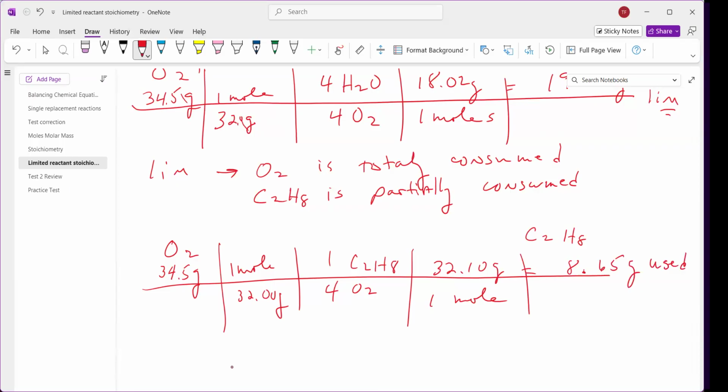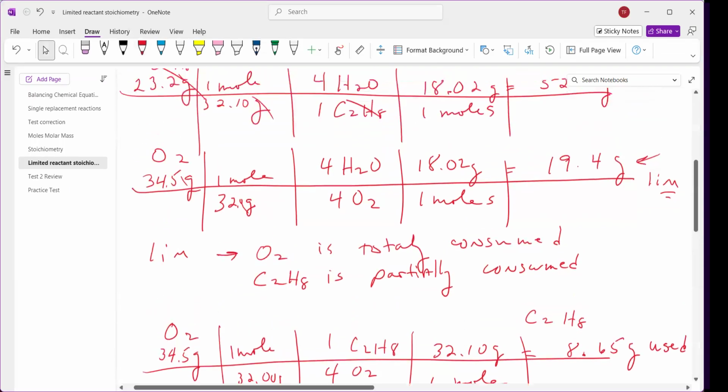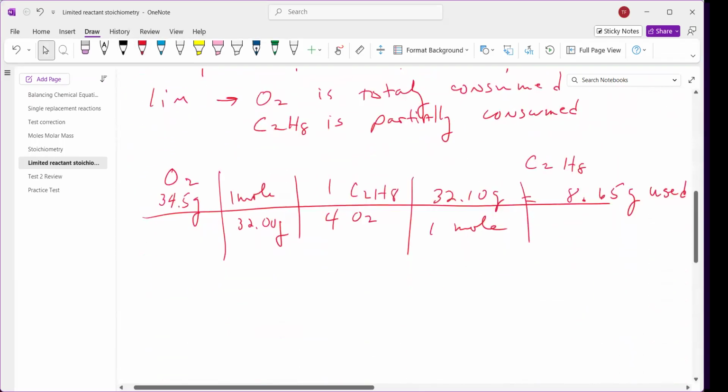So this calculation tells us how much of the excess given is used up during the reaction. We started with 23.2.